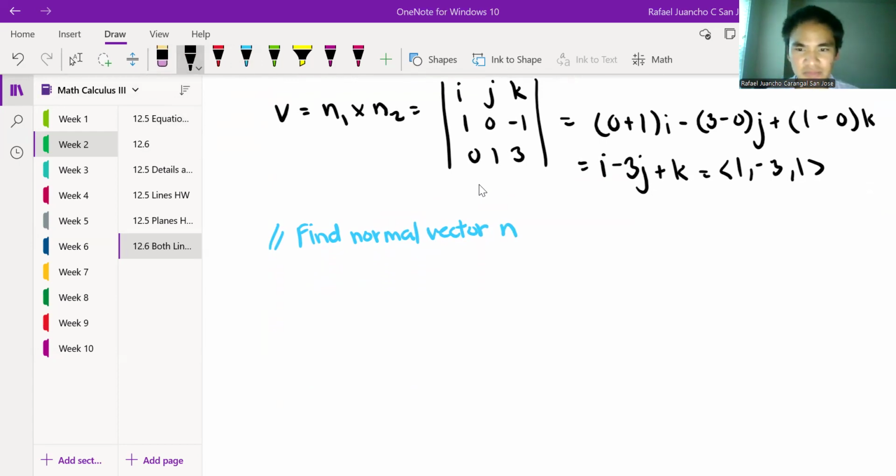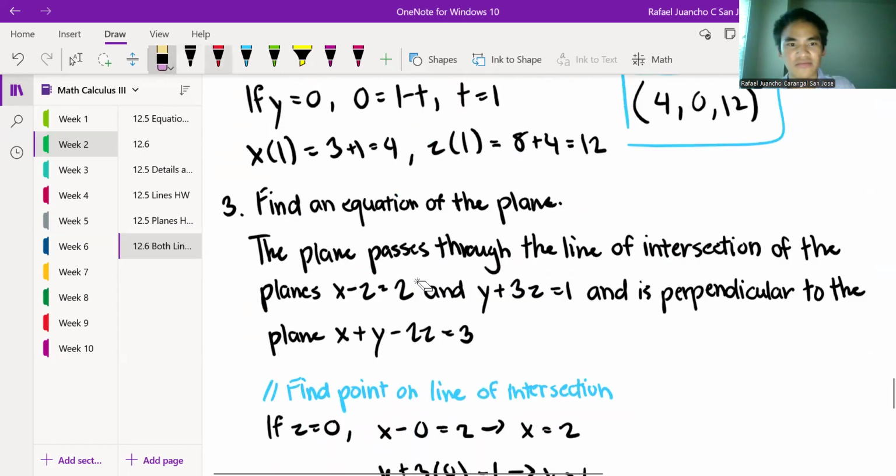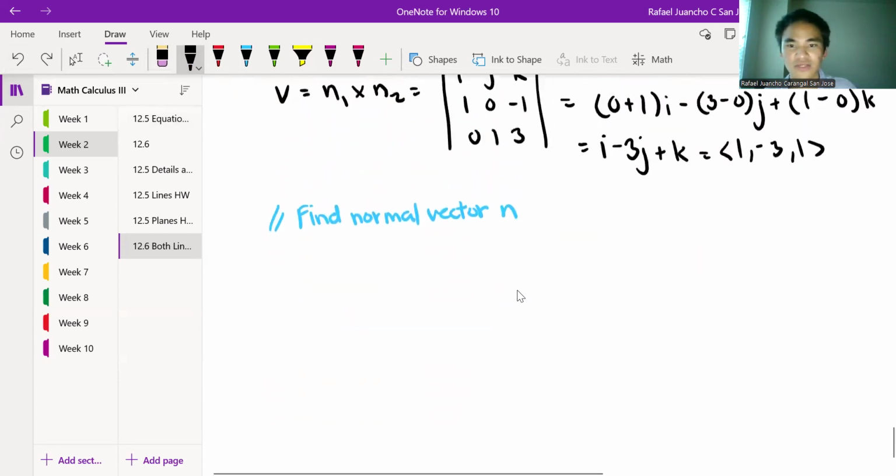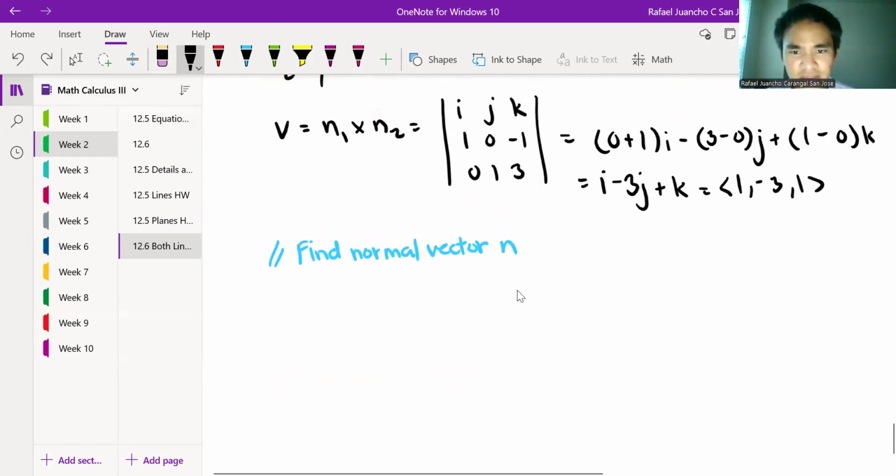So the desired plane must have a normal vector that is perpendicular to the normal vector of that plane. A lot of tongue twisters, but basically, we have the normal vector of this one, and we want a normal vector that's perpendicular to it. Now, that's an issue because I don't know how to do that.